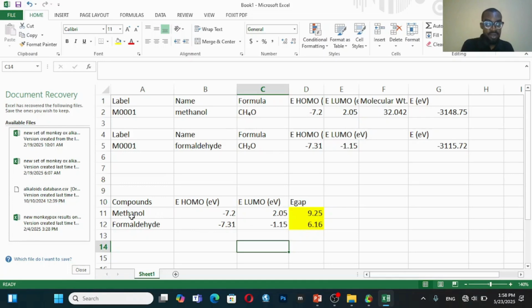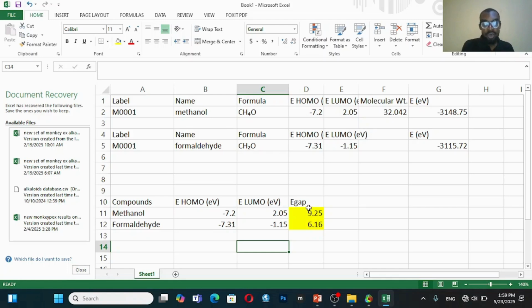So this also tells us that methanol is more stable than formaldehyde. However, it also implies that formaldehyde is more reactive than methanol. So that's one piece of information you can often get from carrying out the DFT of molecules. You can use HOMO-LUMO energy to obtain the energy gap. You can also obtain things like chemical hardness and chemical potential, but we'll not be doing that today. Next time we'll find a way of also incorporating that.